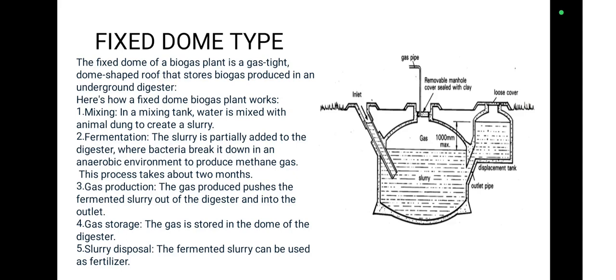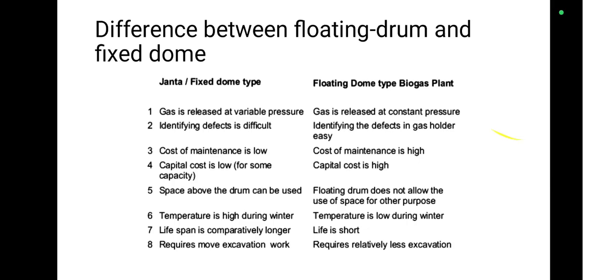The slurry is added to the digester where bacteria break it down in an anaerobic environment to produce methane gas. This process normally takes about 2 months. The gas produced pushes the fermented slurry out of the digester and into the outlet. Then the gas is stored in the dome of the digester, and finally the slurry is disposed of and can be used as a fertilizer. So this is the working of the fixed dome type biogas plant.